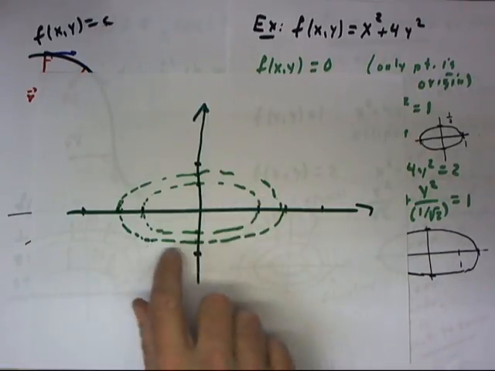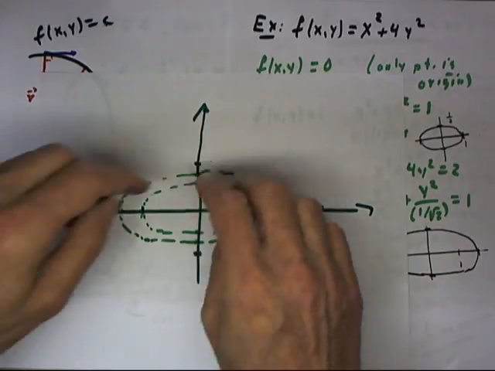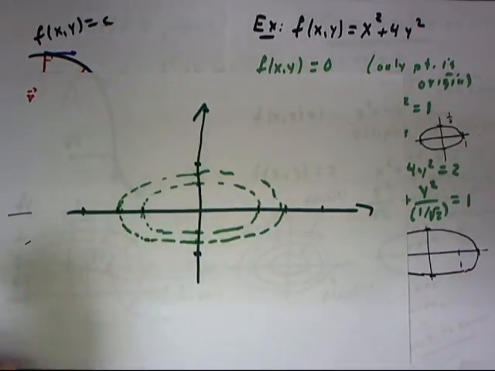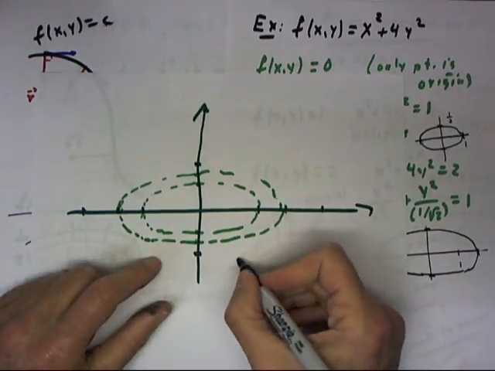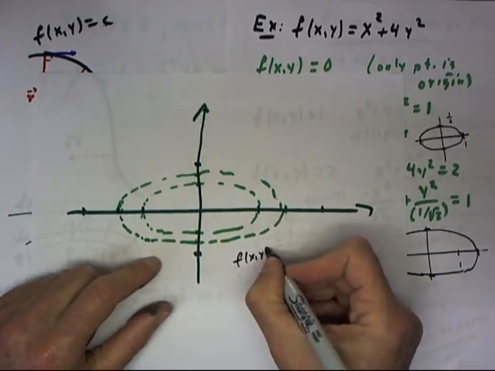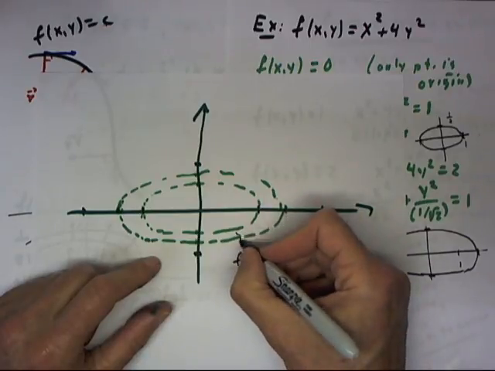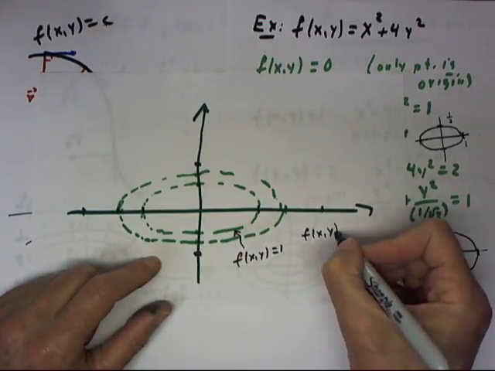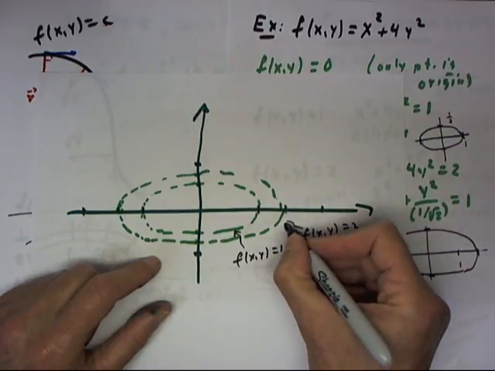Now, I've taken a little more care with my sketch. It's still not great. I'd be better off if I was able to draw the rectangles and the tangents and so forth. But we see that I have here the curve f of x, y equals 1 and the curve f of x, y equals 2.